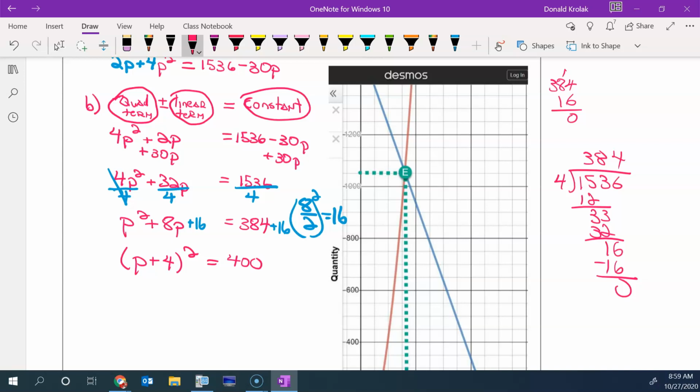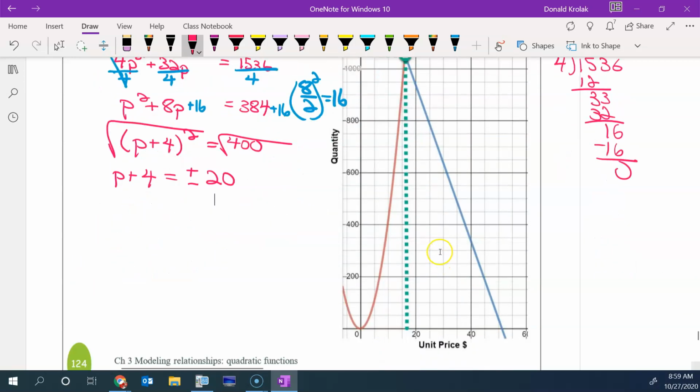Okay, so let's see. Square root everything. Plus or minus 20. So I end up with negative 4 plus 20.